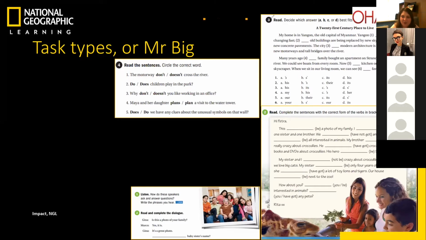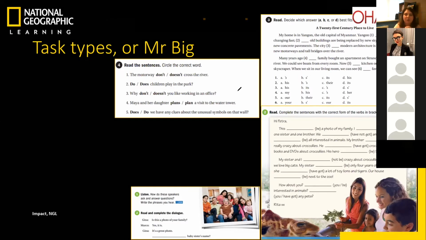Well, you see in exercise number 4, and again, these are the extracts from the Impact book. Impact is a course book for teenagers. So they're extracts from a variety of Impact books. Exercise 4, as you can see, circle the correct word, and the correct word is a correct grammar form.